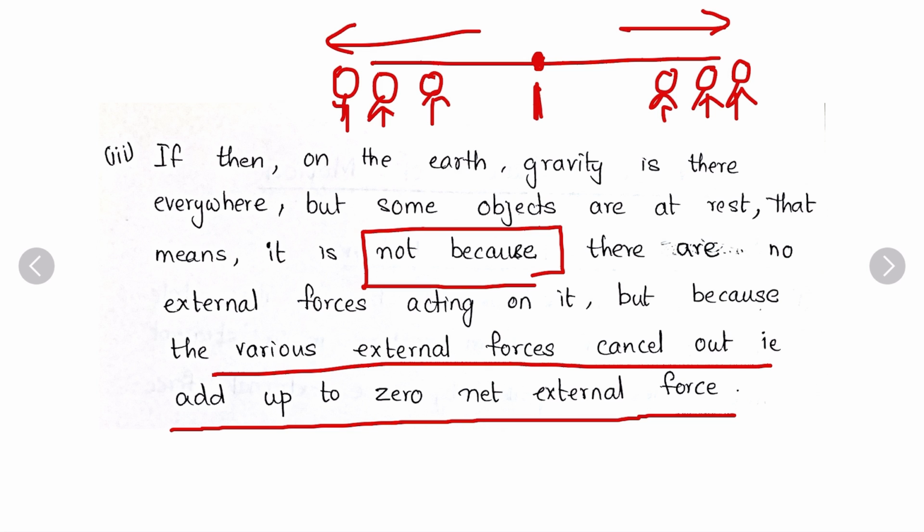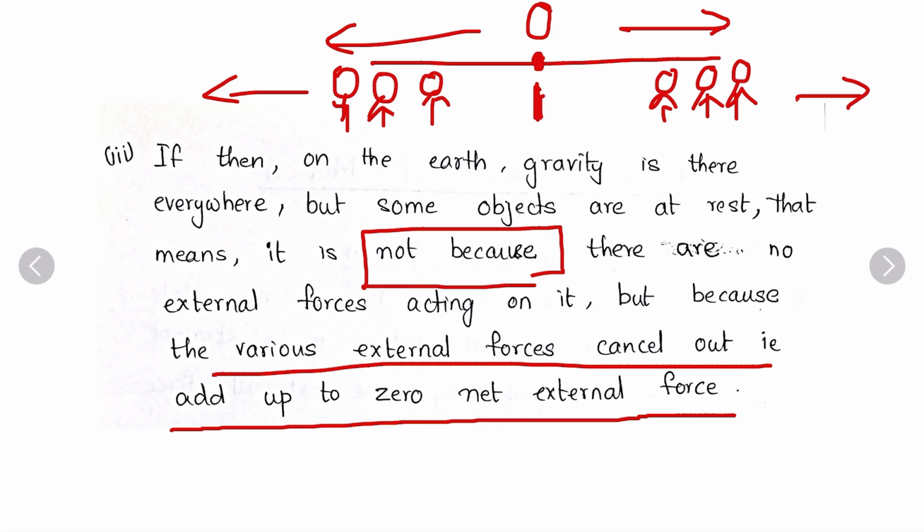Let us say they have marked the center position as O, and if 10 people this side are pulling and 10 people are pulling the rope that side, but the rope is not moving any side, it does not mean there are no forces on it. There are forces.